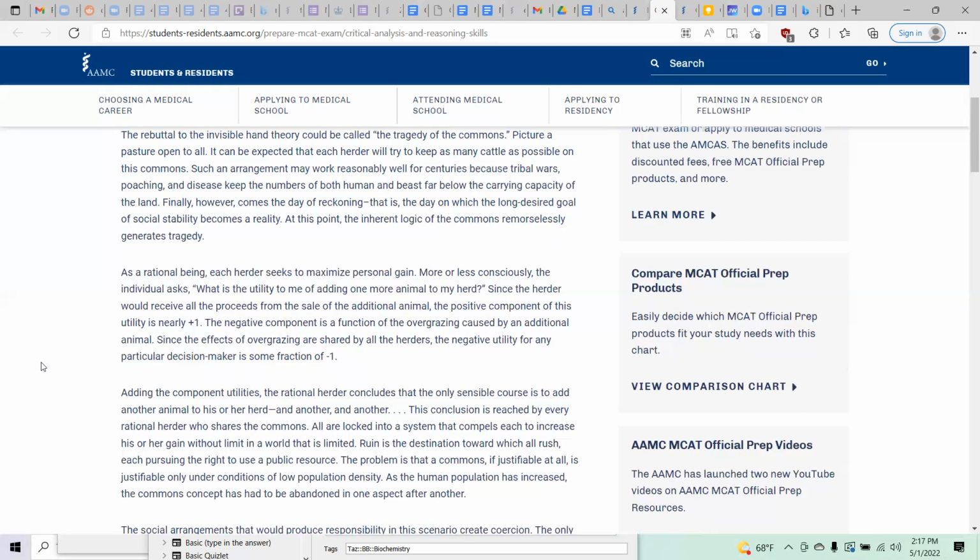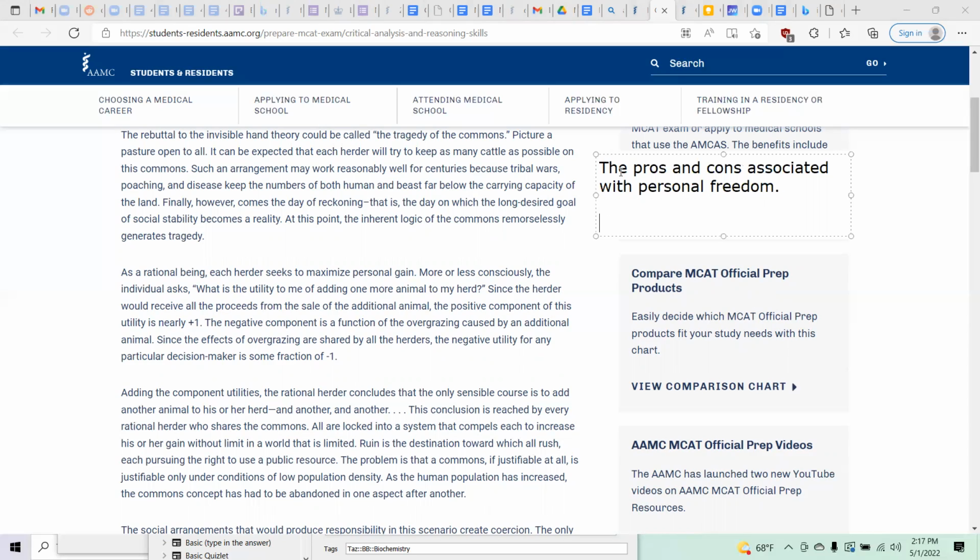Okay, I like that. Let's put this in there: the pros and cons associated with personal freedom. And so that's right now our what.